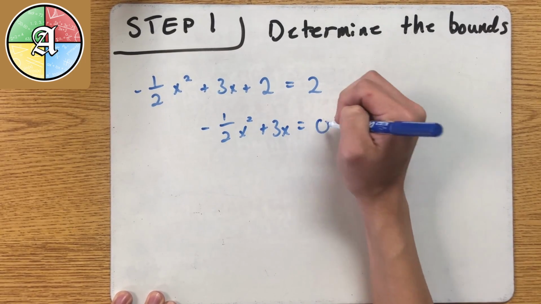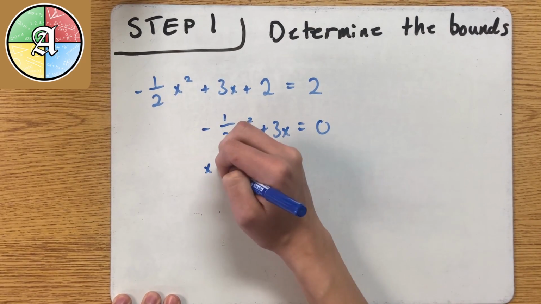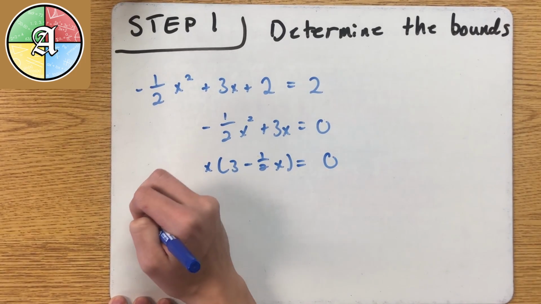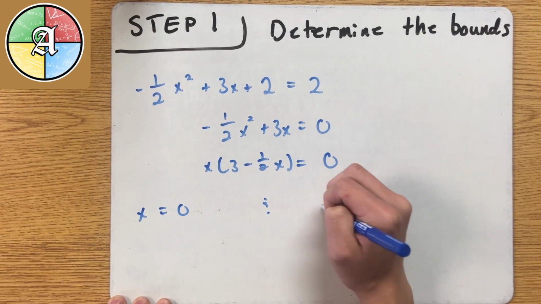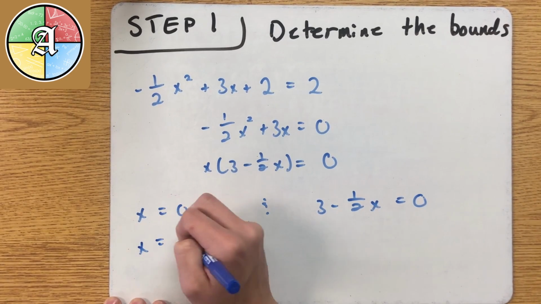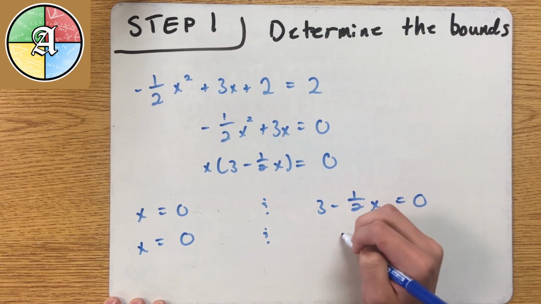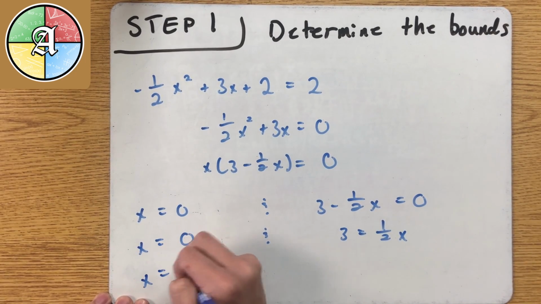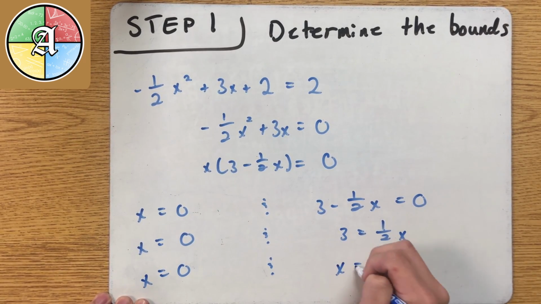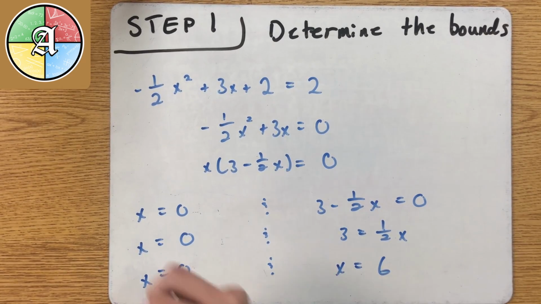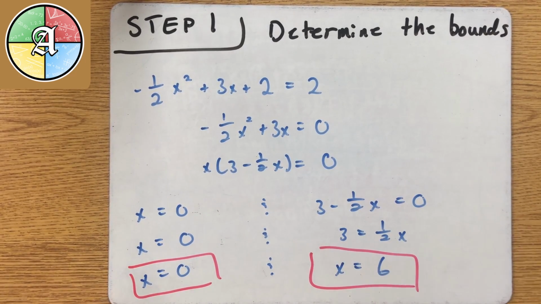We are then going to subtract 2 from both sides, factor out an x, and now set each factor equal to 0 and solve for x. In the end, we should have x equals 0 and x equals 6.